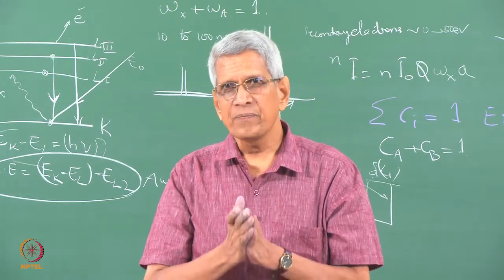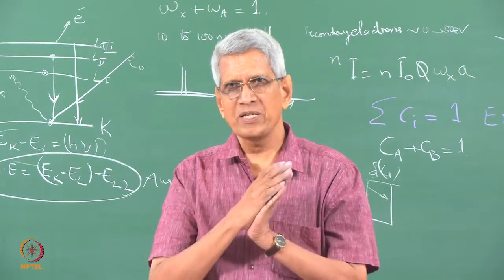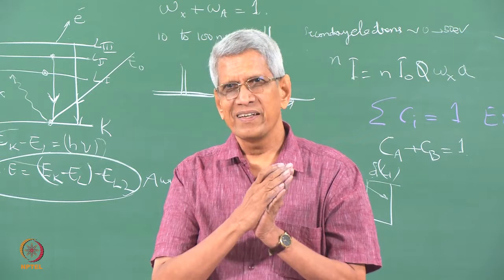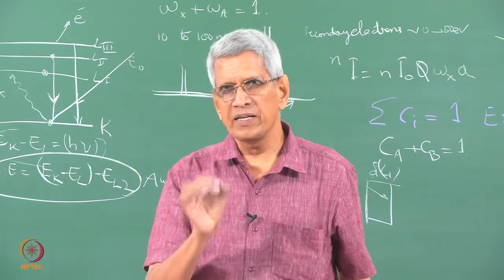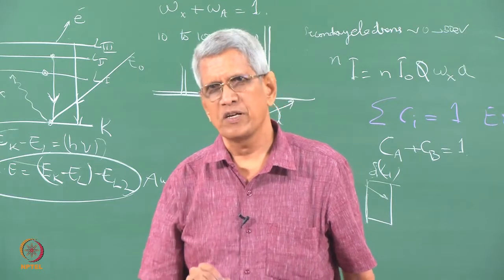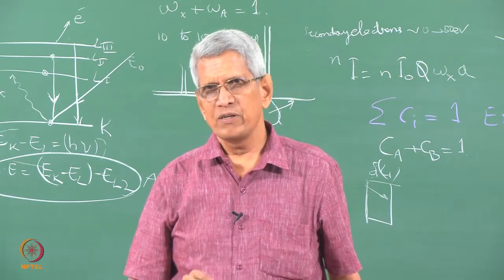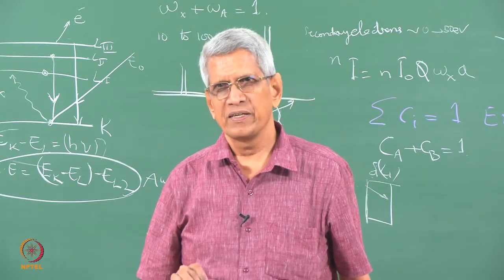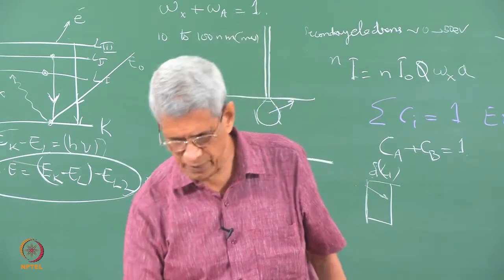And another is, when we use a field emission gun, we can increase the intensity in a very small region. The electron current density can be increased considerably. With this, we can do analysis from extremely small regions of the sample.